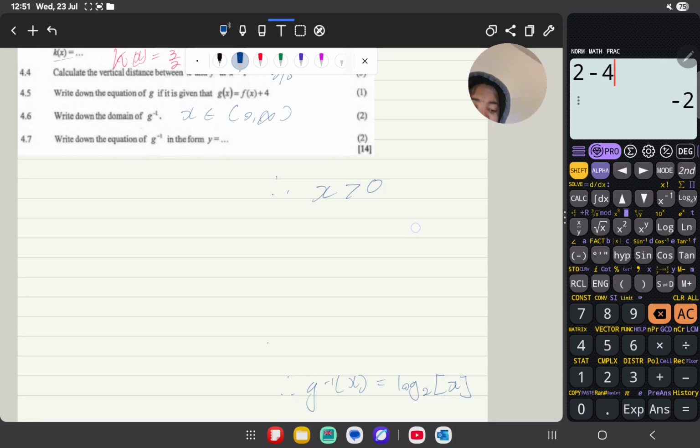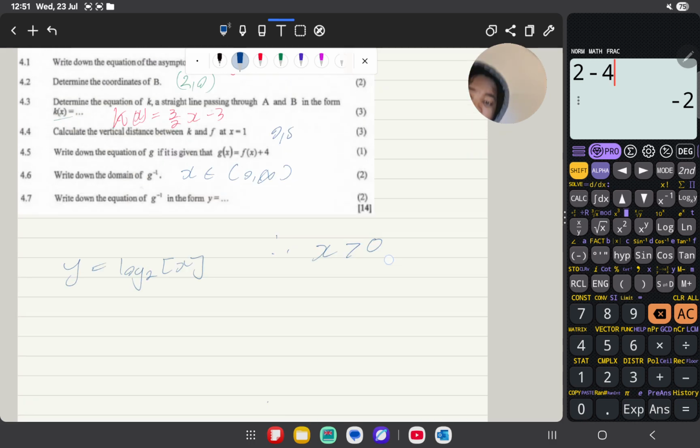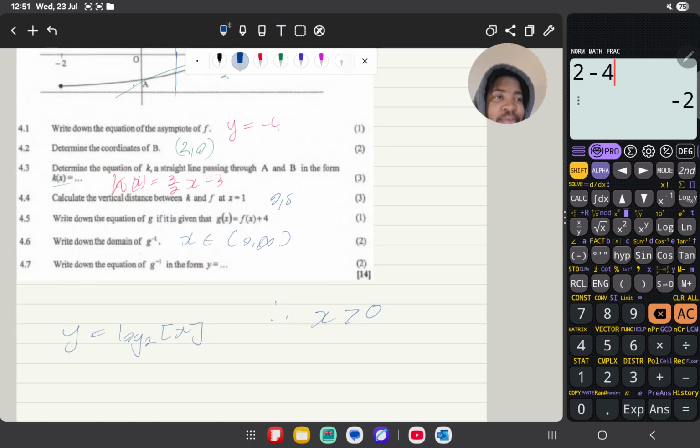Writing that equation, we have already done it here. You can repeat the same thing to say y equals log 2 x, right? Also you see some of these questions, they ask to write the domain.